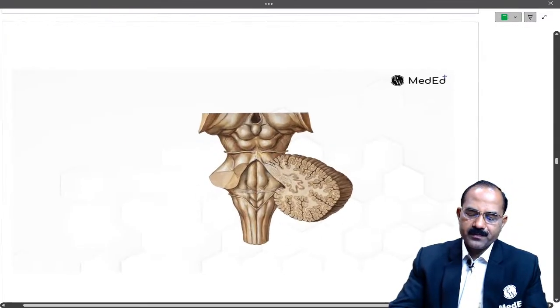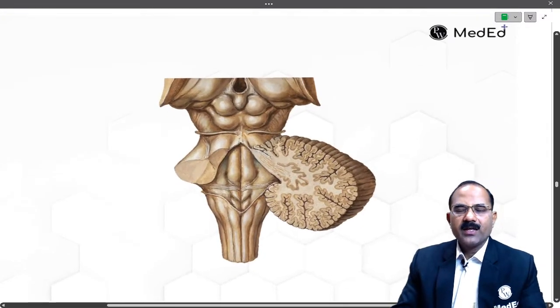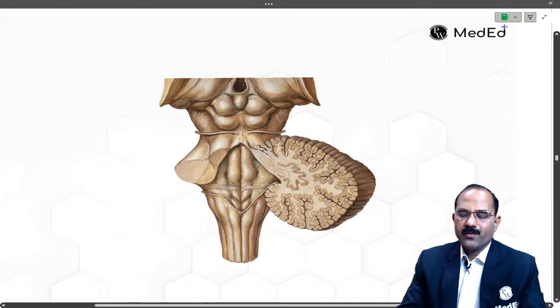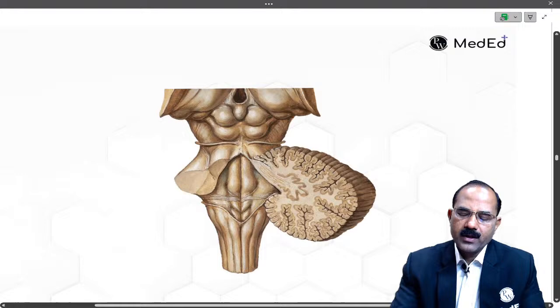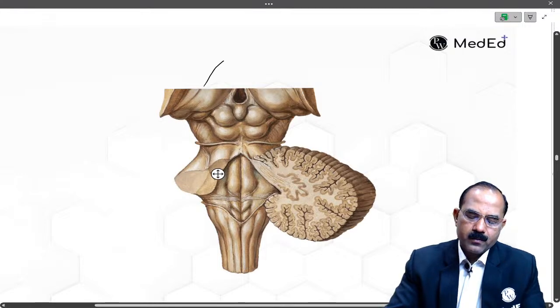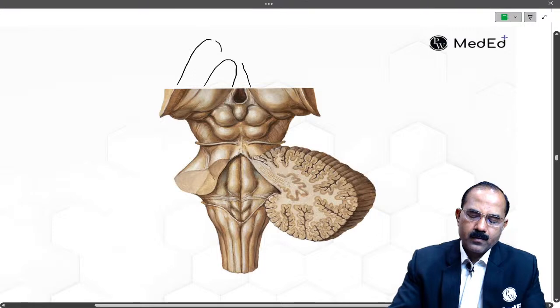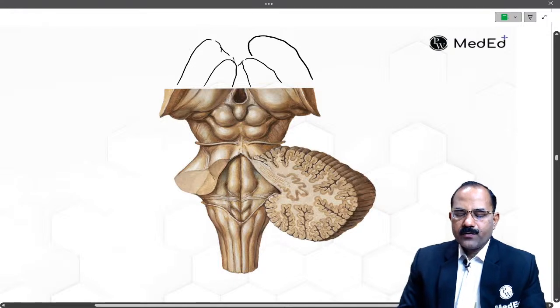Clear to all of you? Look at this. Can anyone tell me what is this view? Where are you looking at this slide from? This is a view from the posterior side.